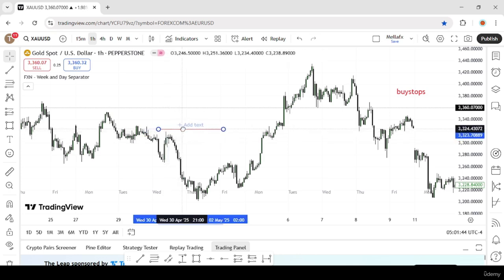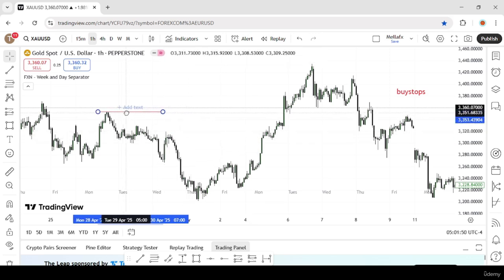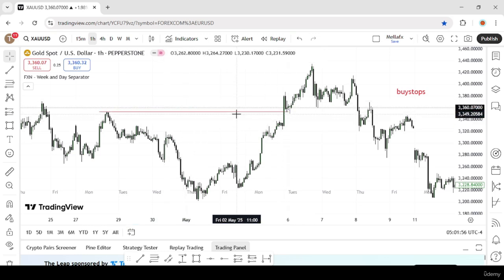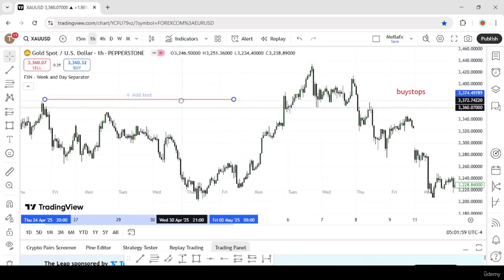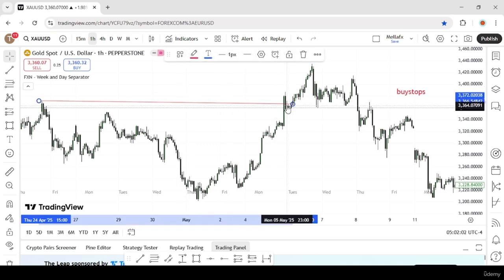The buy side liquidity to look for will be these highs, and eventually the market will continue moving higher till we run all this buy side liquidity as it's seeking higher prices.